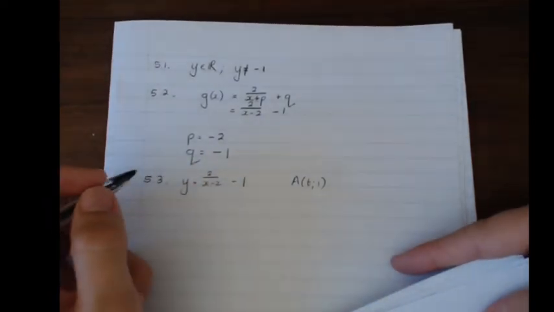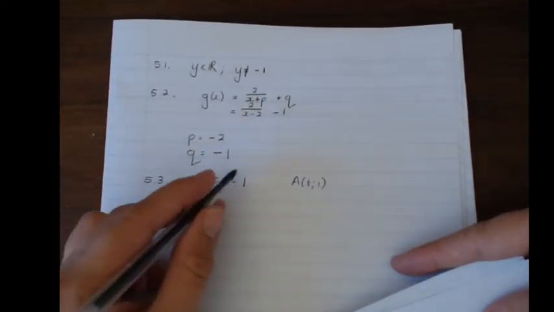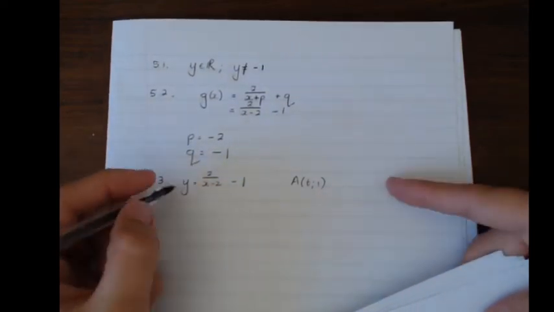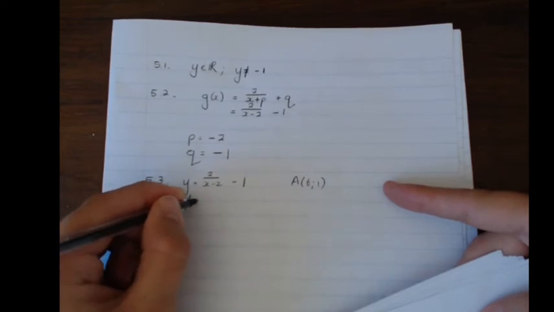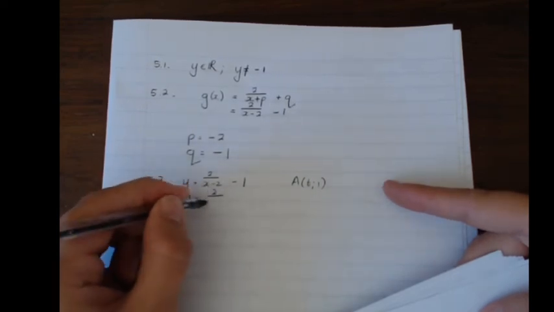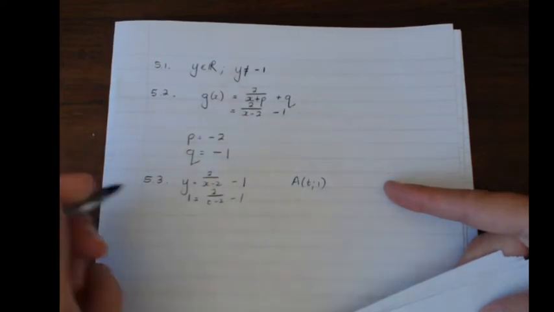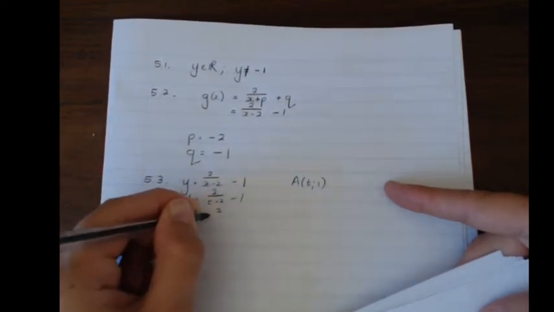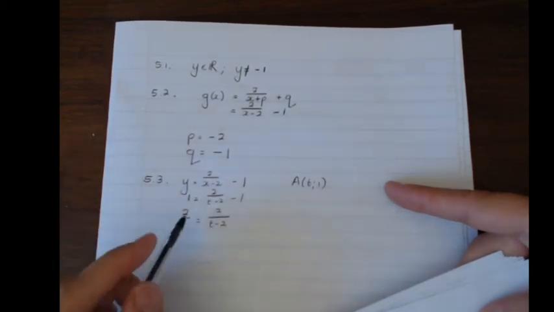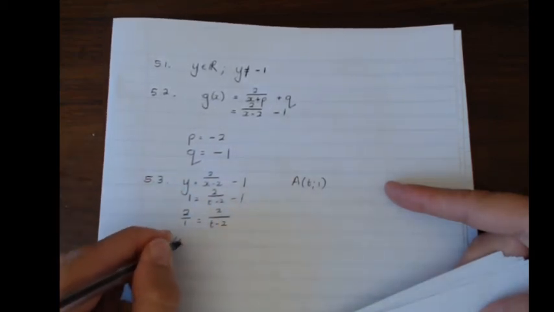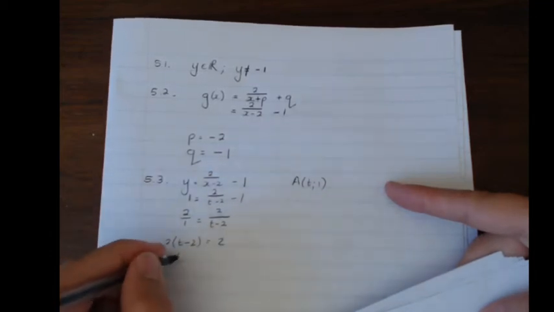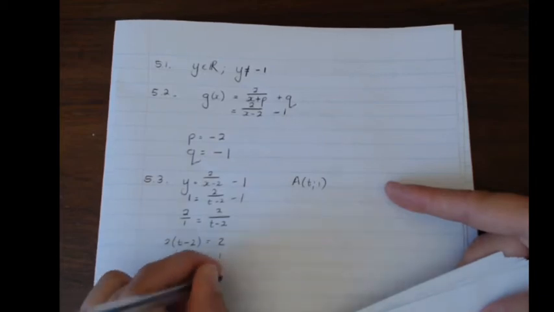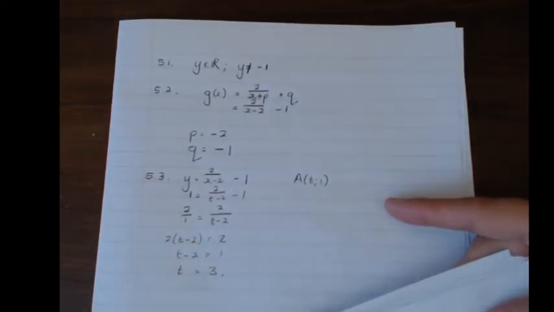Some of us might be more comfortable working with an equation we are familiar with from earlier years. So y is 1 and x is t. Then 1 plus 1 is 2, so 2 over 1 is equal to 2 over t minus 2. Cross multiply, I get 2(t minus 2) is 2. Divide by 2, so t minus 2 is 1. Take over the 2, so t is 3. That is the value of t.